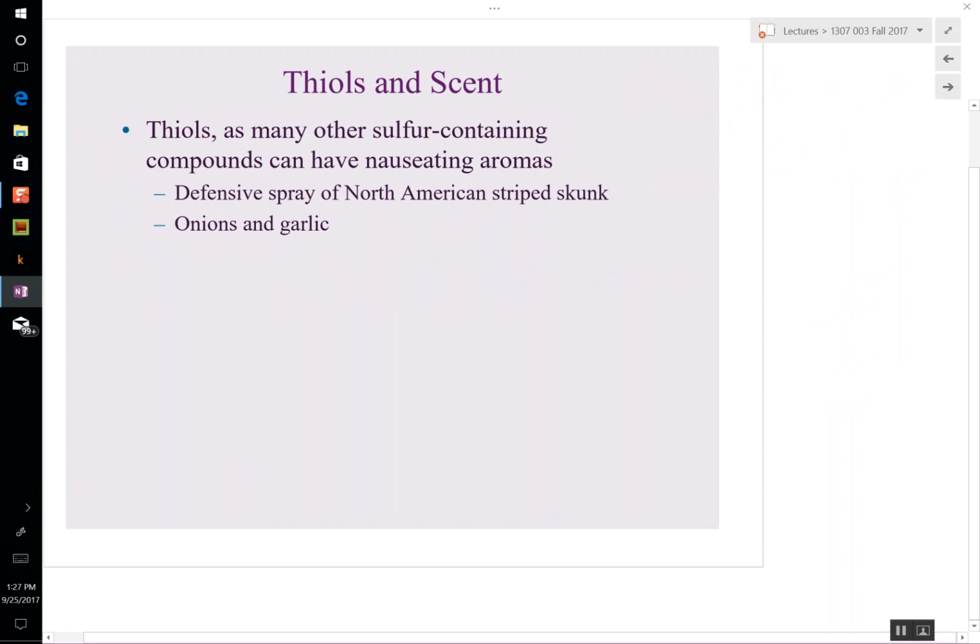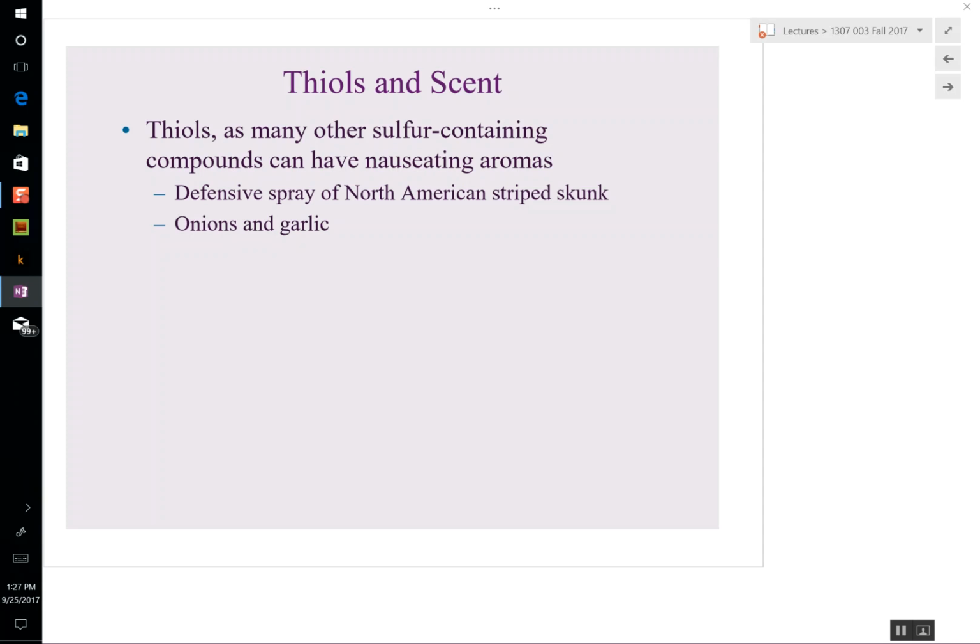These are the kind of compounds that skunks produce. They produce thiols. And what do we mean by extremely offensive? Well, your nose will detect a thiol at the parts per billion level. Not parts per 100 or 1,000 or million, billion. So extremely low concentrations of thiols, you pick it up right away.